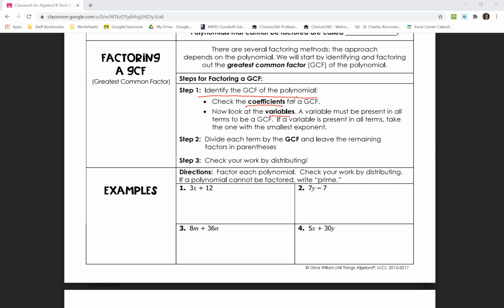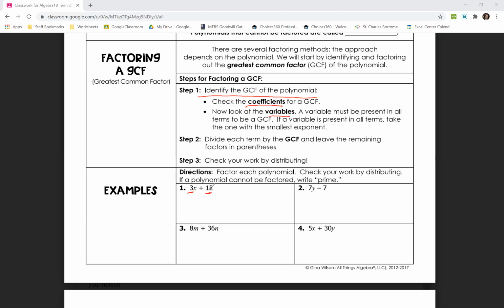When you're looking for the coefficient, you're asking yourself, what number can divide evenly into both of my values? Like on number 1, I look at my numbers. My two terms are 3x plus 12. I look at the numbers first. I have a 3 and I have a 12.